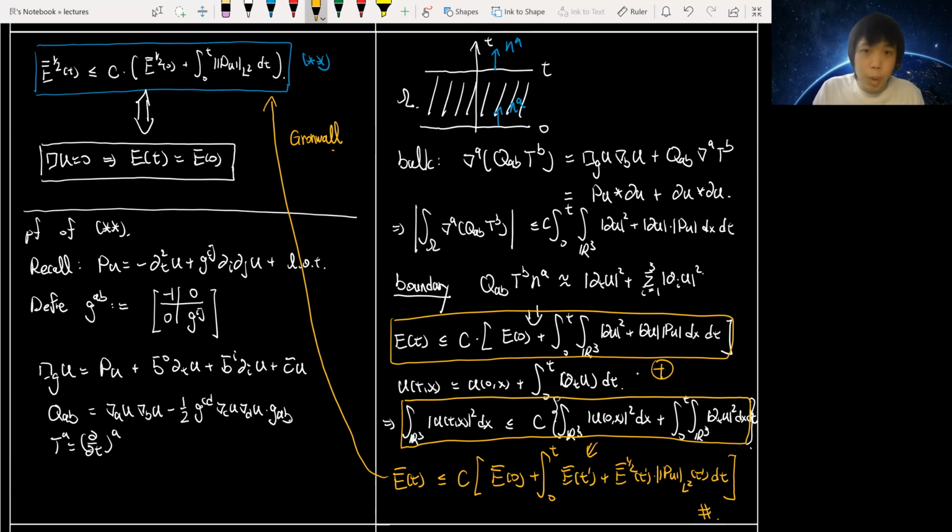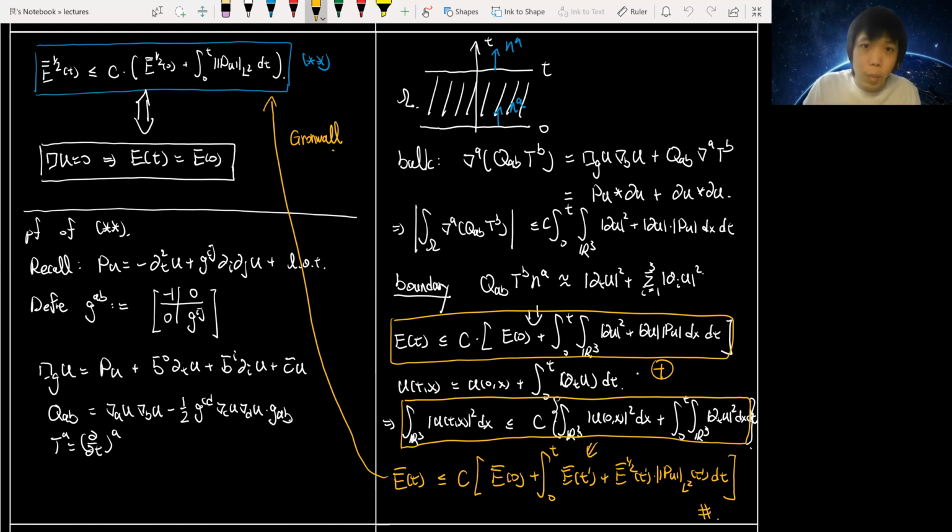So to summarize what we did in this lecture, we introduced the wave equation as well as the core of the vector field method, the stress energy tensor. And we used that to prove the conservation of energy and this a priori energy estimate.